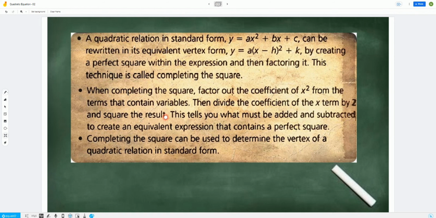Remember, b divided by 2 and squared. This tells you what must be added and subtracted to create an equivalent expression that contains a perfect square. So when you add it, you have to subtract it and create an equivalent expression. So that's why we added the square and subtracted the square. Completing the square can be used to determine the vertex of a quadratic relation in standard form.